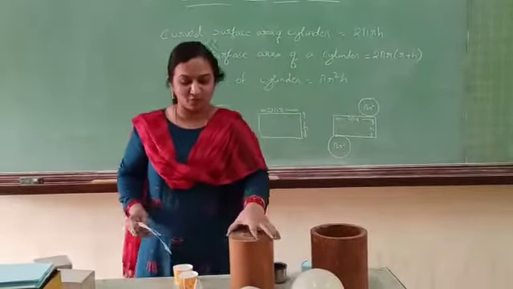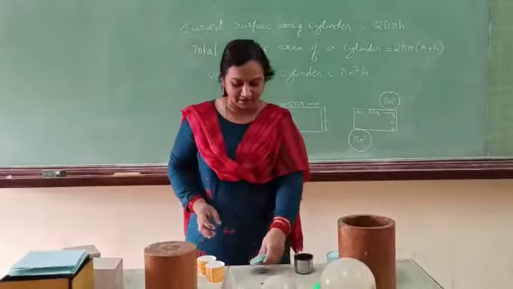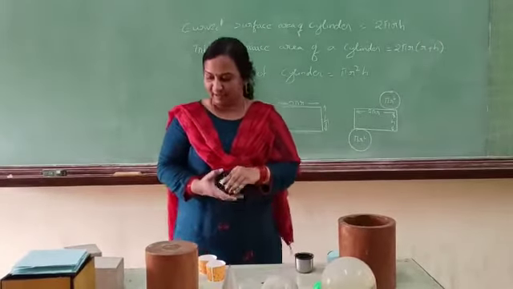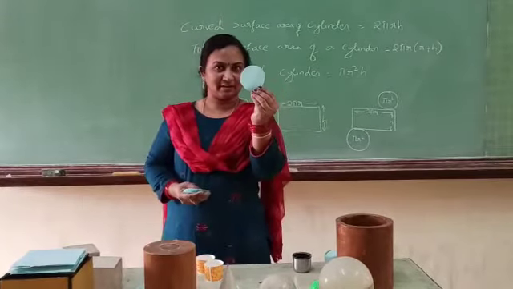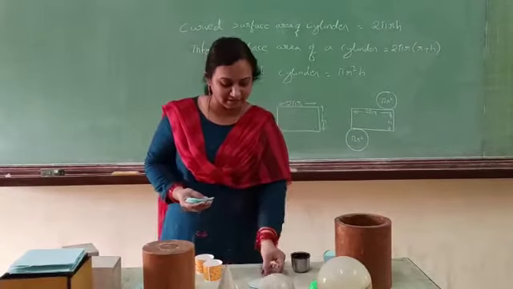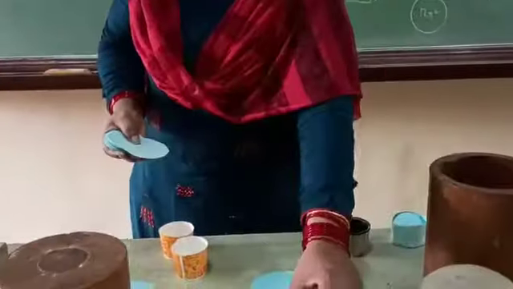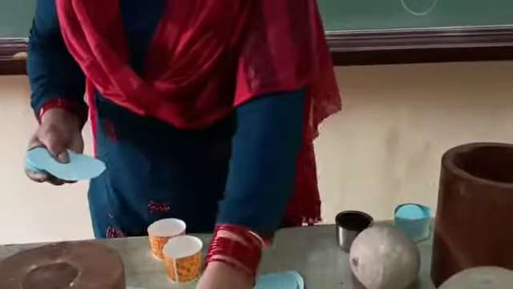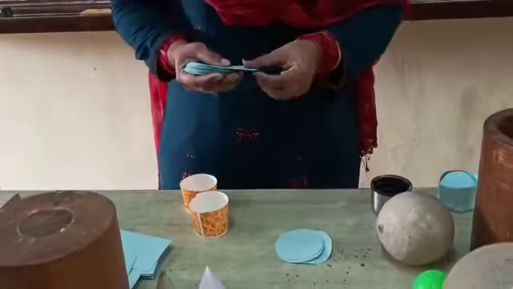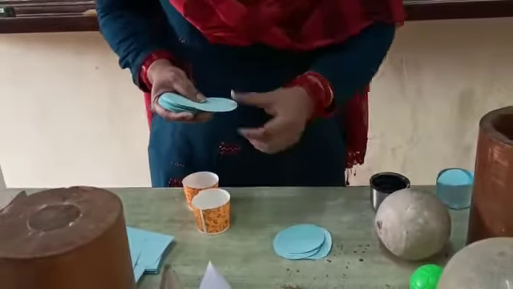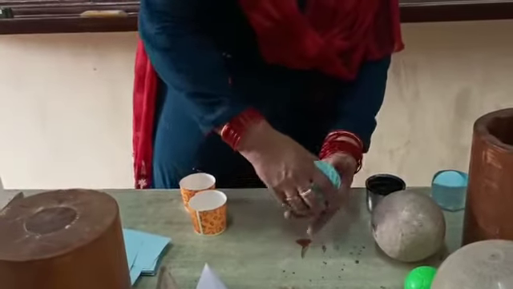Now, going to the volume of a cylinder. As we have already discussed in the previous video, this is pi r square, which is the area of a circle. We take one more, that is 2 pi r square, 3 pi r square, 4 pi r square, 5 pi r square, and we keep increasing to form a cylinder.